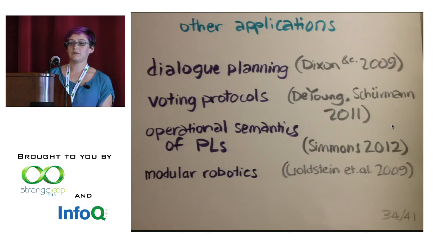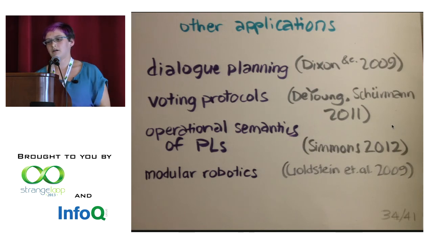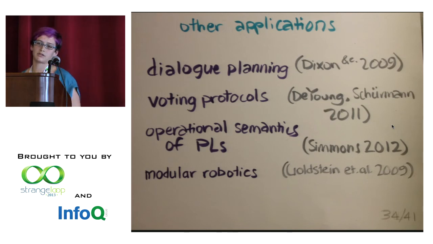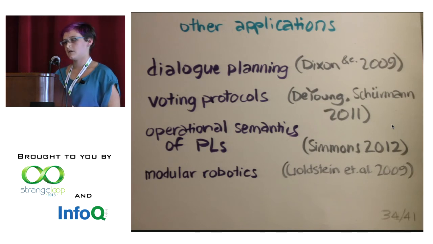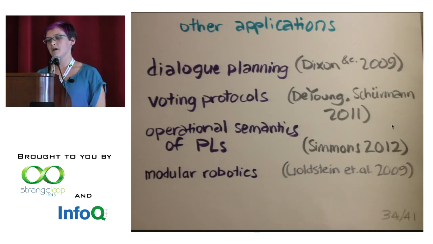There are a bunch of people doing really interesting things that I've learned a little bit about. Linear logic, this kind of style, is a lot like planning, and I know that some people have considered it as an alternative to planning in certain situations. Lucas Dixon did some work on dialogue planning with linear logic. Some other folks related to CMU, Henry DeYoung and Carsten Sherman, have used linear logic to describe voting protocols, published at VoteID in 2011.